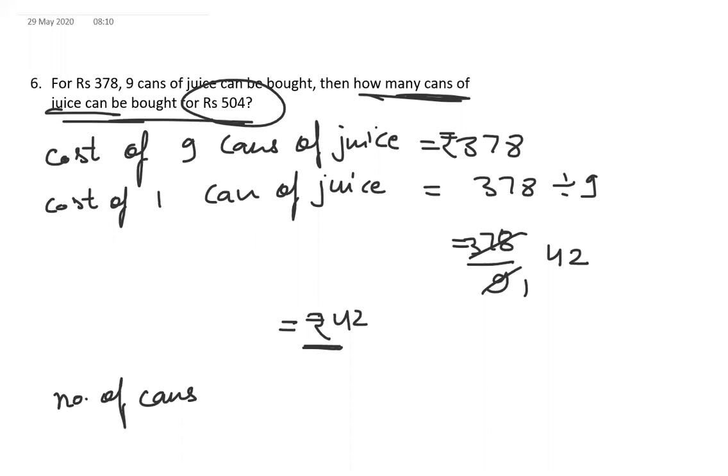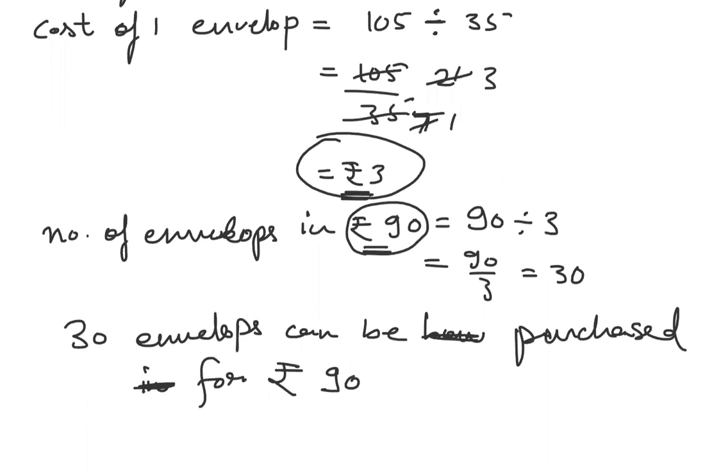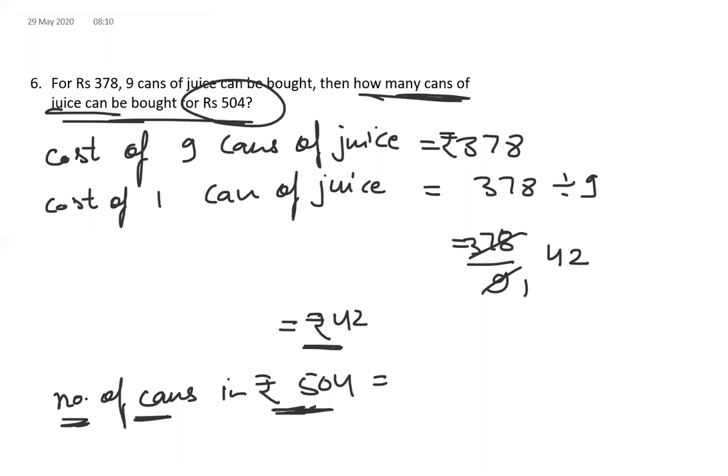When you have to find the number of articles and you have a sum of money, then always you have to divide, as we did in question number 4, where we had 90 rupees and divided 90 by 3. In this question also we have rupees and we have to find the number of cans, so we have to divide 504 by 42.